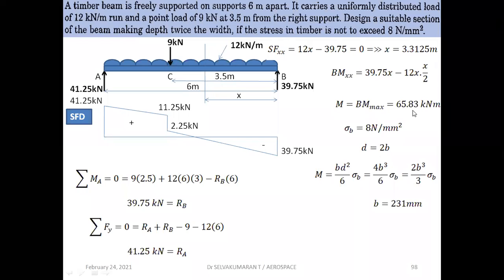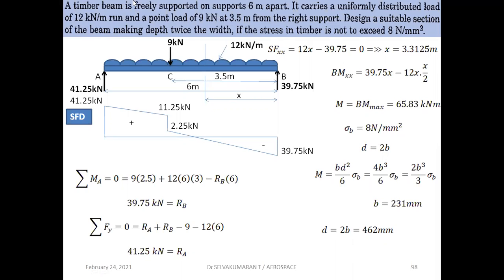So 65.83 into 10 to the power 6, that is kilonewton to Newton multiplied by 1000, meter to millimeter multiplied by 1000. So 65.83 into 10 to the power 6 is equal to 2 by 3 B cube, sigma B is 8. From this we find B value, 231 millimeter. Then D is equal to 2B, which is nothing but 462 millimeter.